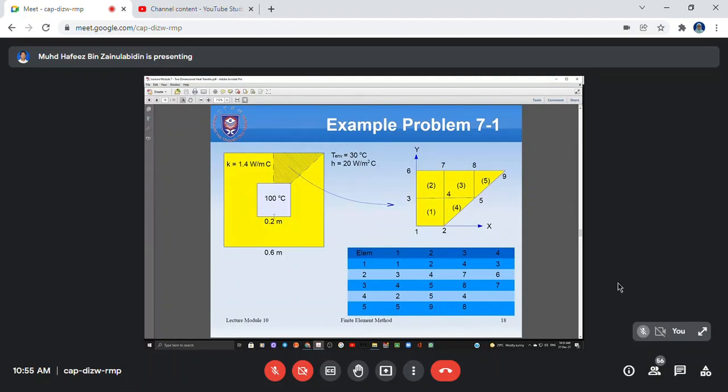It will have the same temperature at this point and this point. Node 2 will represent the temperature at this edge, this edge, and this edge. When we calculate the temperature at node 6, first node 3 here, it will represent the temperature here, here, and here.